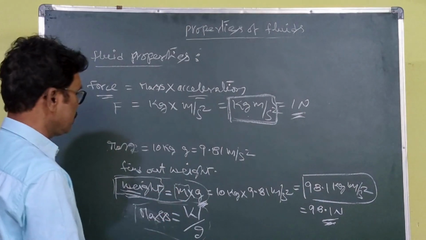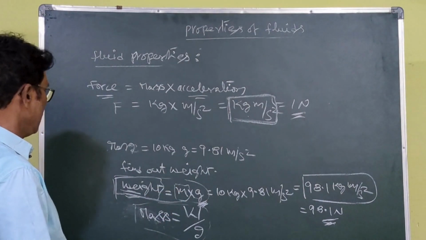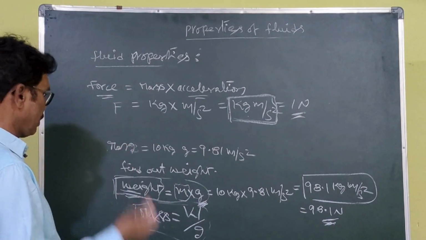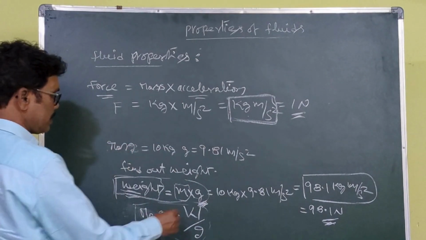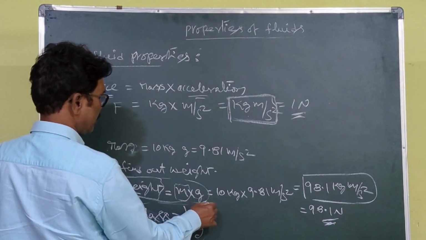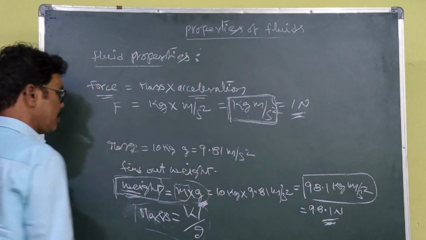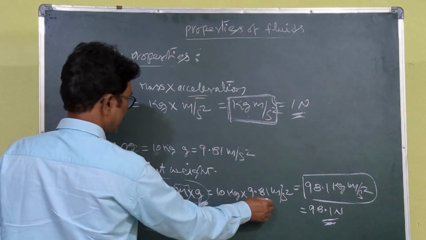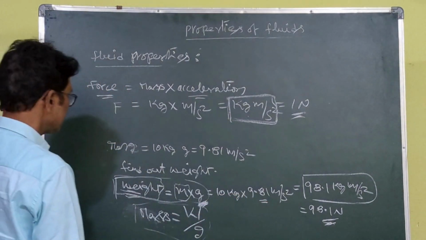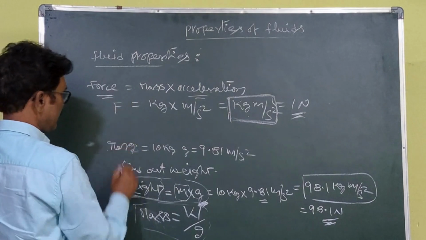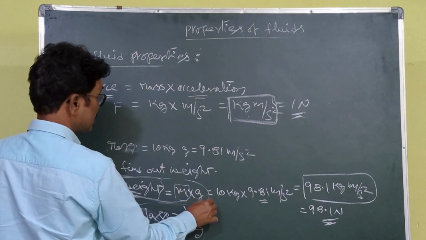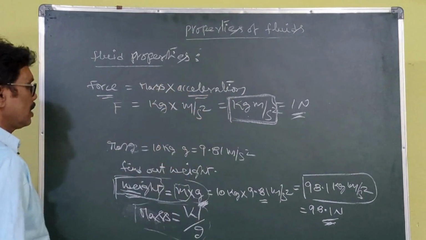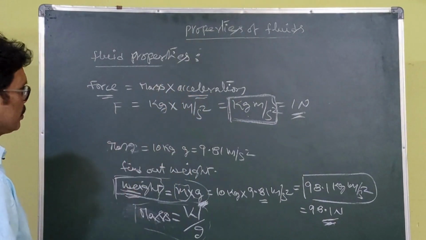Acceleration due to gravity is related to the earth. Suppose you throw up an object, that object falls down because of acceleration due to gravity; the earth pulls that object in the downward direction. That value is 9.81, it was already calculated. So the difference is that in weight it is acceleration due to gravity, whereas in force it is acceleration, though they have the same units.